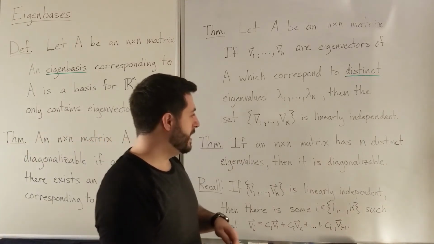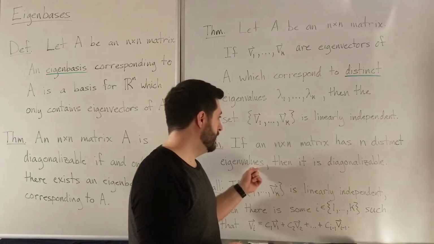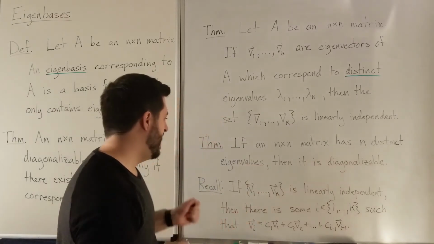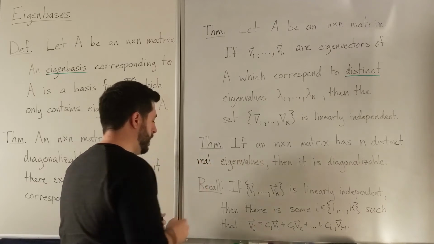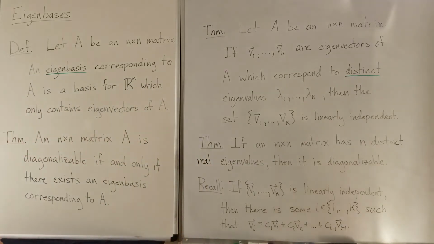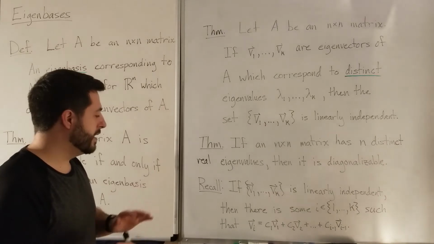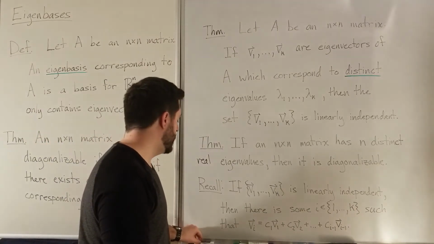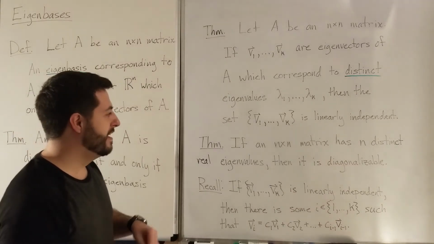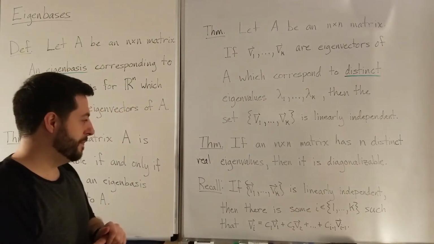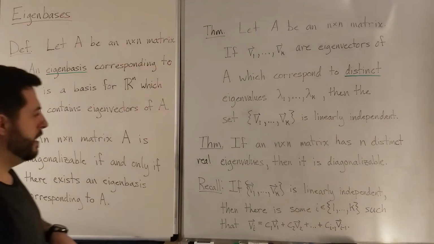So in the case where we have n distinct eigenvalues, and I should really say real eigenvalues here, just because we're not talking about the complex case yet, then it's diagonalizable.